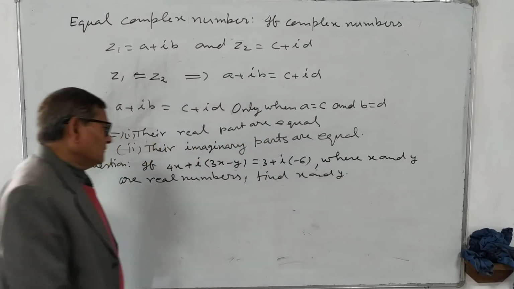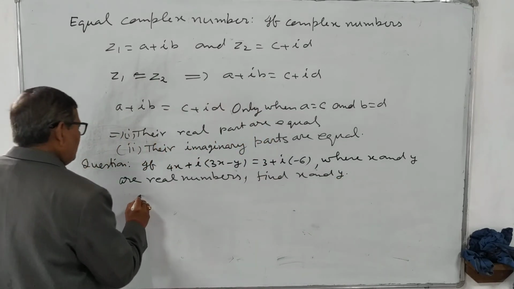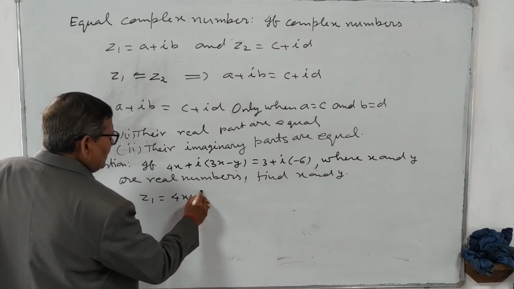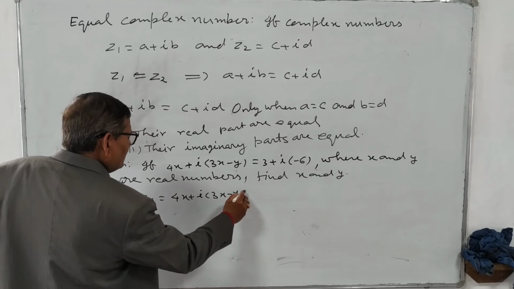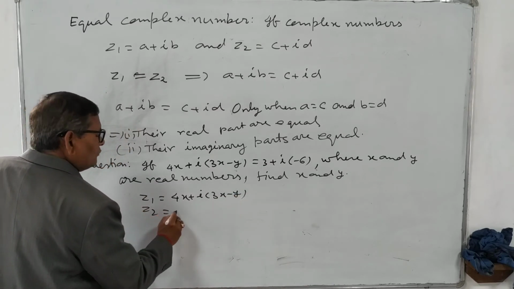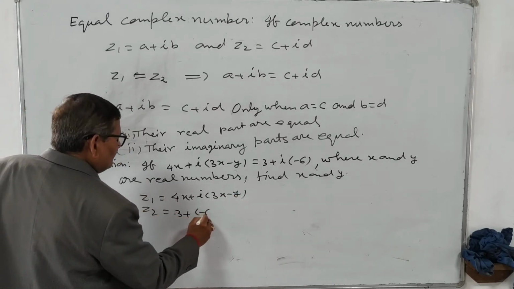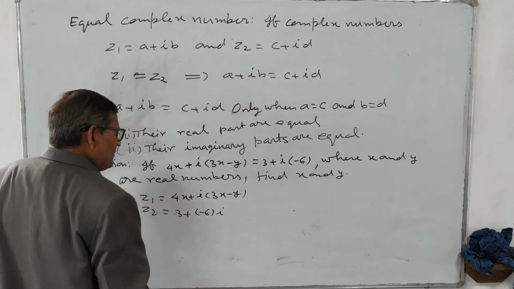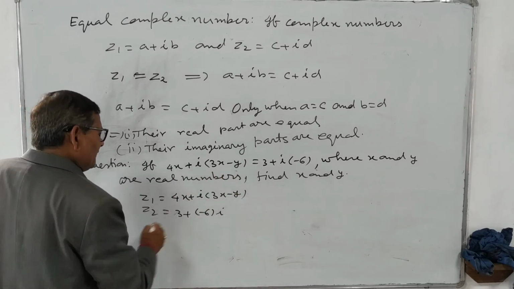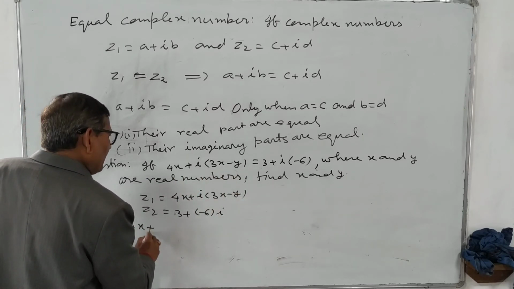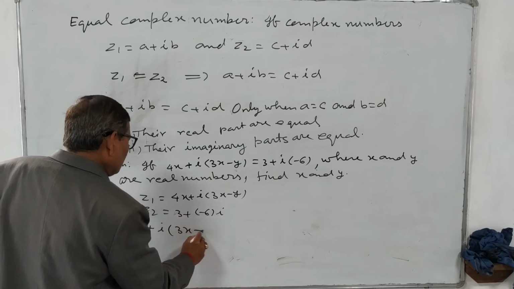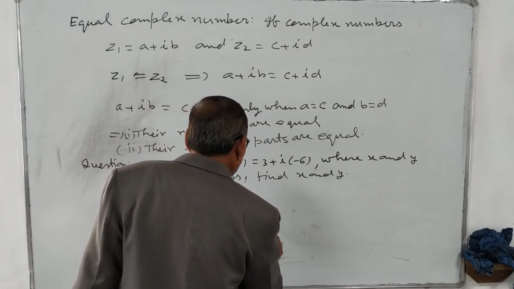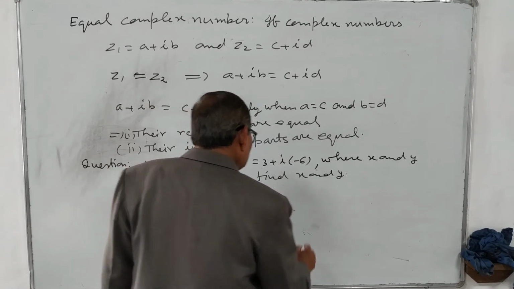So now you see here two complex numbers are there. Your one complex number z1 is 4x plus i into 3x minus y and another complex number z2 is 3 plus minus 6 into i. So in this way you can say you have given that these two complex numbers are equal. 4x plus i into 3x minus y equal to 3 plus minus 6 into i. This is given.